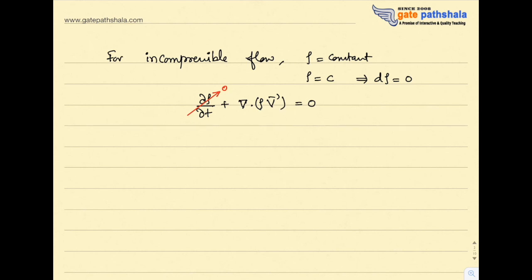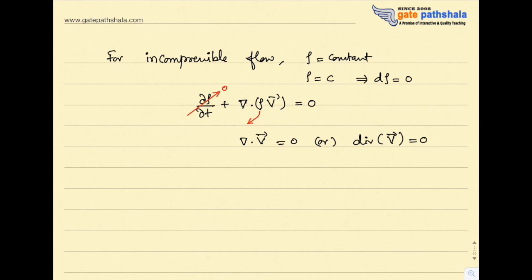Here the main concern is density is constant in an incompressible flow, and we can pull out this rho out, so giving rise to del dot of v bar equals to 0. It is very commonly written as div of v bar, that is divergence of the velocity vector equals to 0.